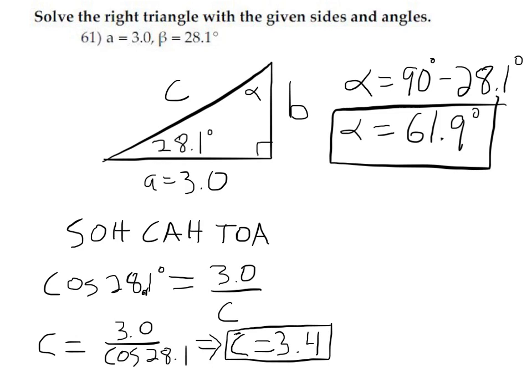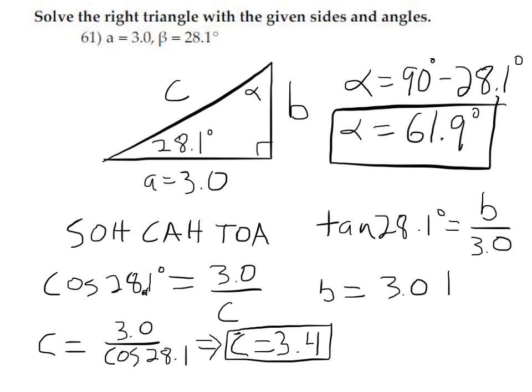Now, tangent also uses the adjacent. So again, we want to use the angle and what was originally given. So let's try tangent. Tangent of 28.1 degrees would be opposite B over adjacent 3.0. Solving for B, we get B equals 3.0 times tangent 28.1 degrees.